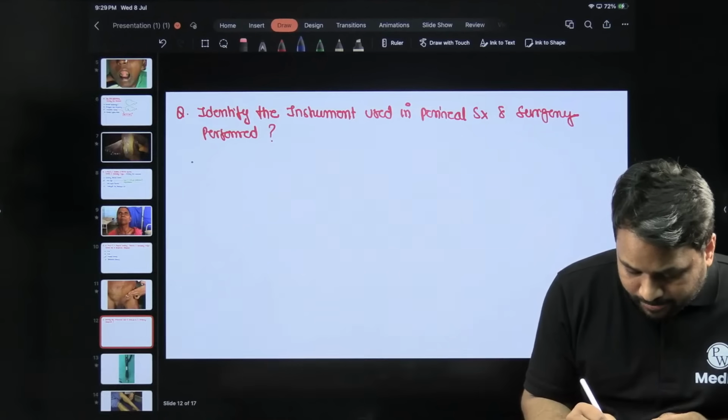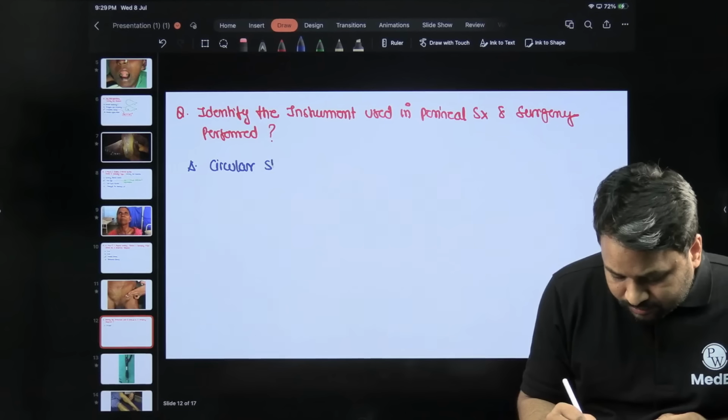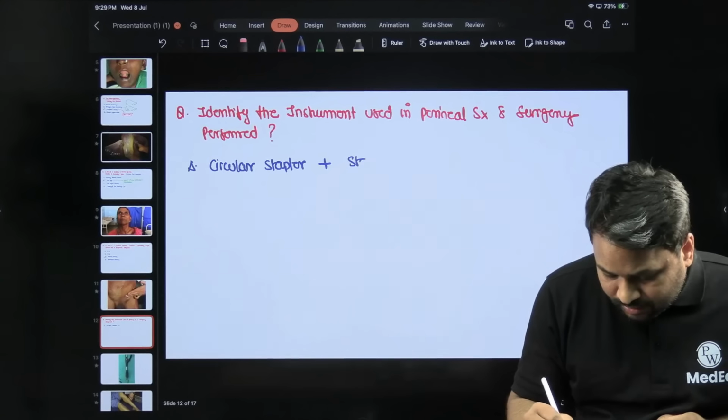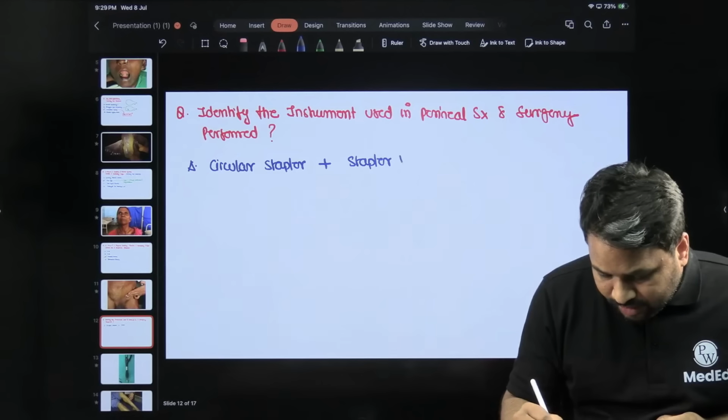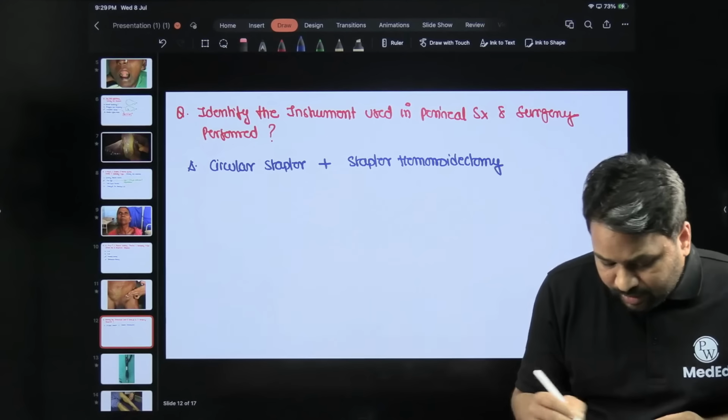Option A, circular stapler with stapler hemorrhoidectomy.